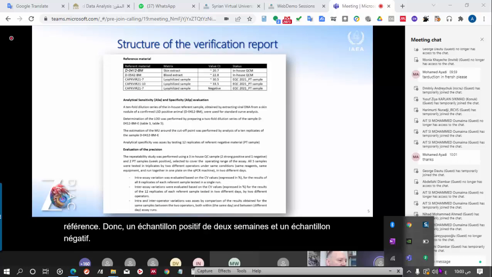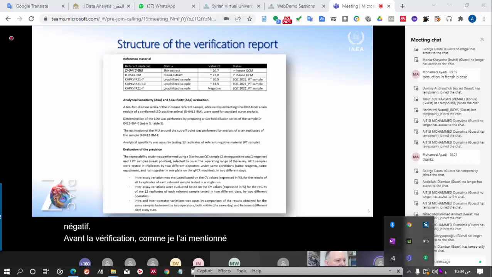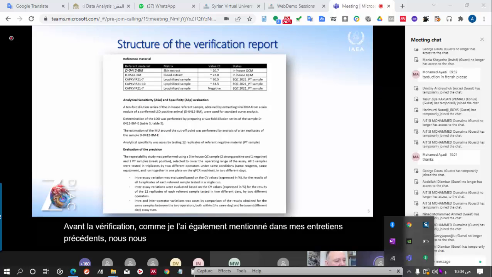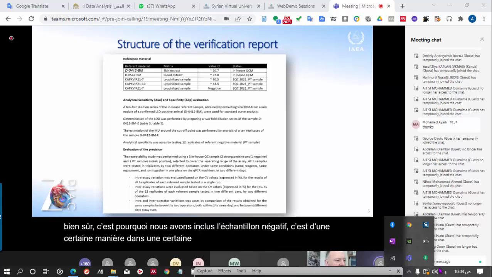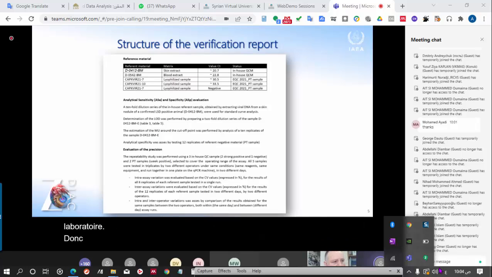For the verification, as I mentioned also in my previous talks, we focused on analytical sensitivity. But of course, this is why we included the negative sample: to a certain degree, to verify the specificity of the assay as well in our laboratory. So for the sensitivity, you should perform a 10-fold dilution series of the in-house sample. This is the stated sample that you used for this.